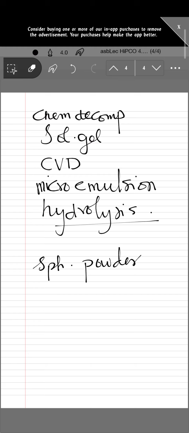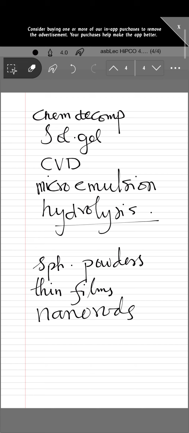Then it can be obtained as thin films. It can also be obtained as nano rods or nanowires, which are basically one-dimensional nanomaterial.